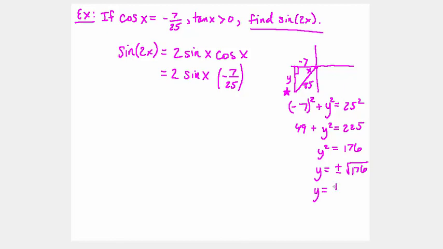We'll call this plus or minus, and then 176 happens to have a perfect square factor, which is 16. 176 happens to be 16 times 11. And so we can reduce this to say y, the value of this leg of our right triangle, would be plus or minus, and then square root of 16 is 4, and then the square root of 11 can't be reduced, so we'll leave it just like that.